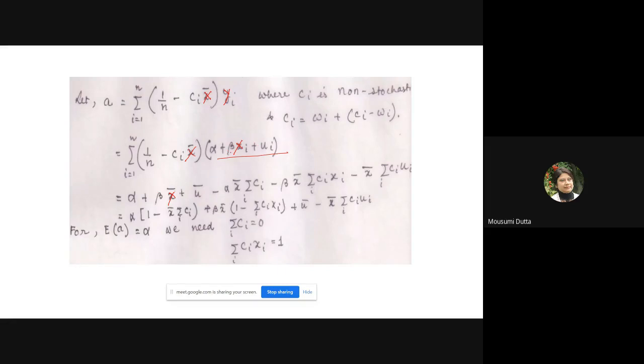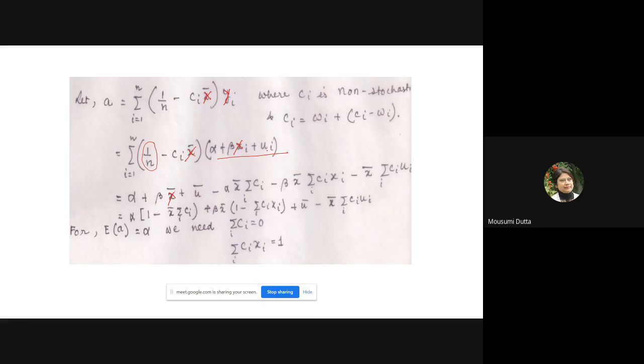The second term, beta, summation Xi by n. Actually I'm using this 1 by n term first; I'll use the other term later. So the first term is alpha, which is summation alpha, equal to n alpha by n. Then beta summation Xi by n, so beta X bar.